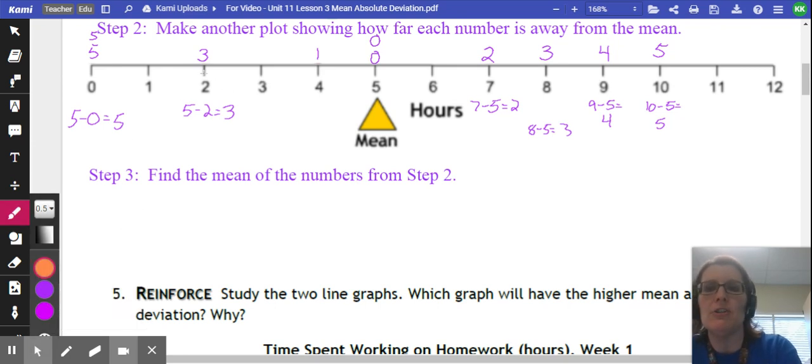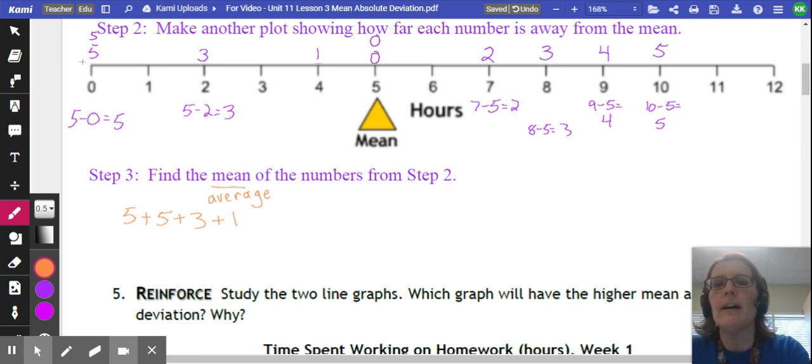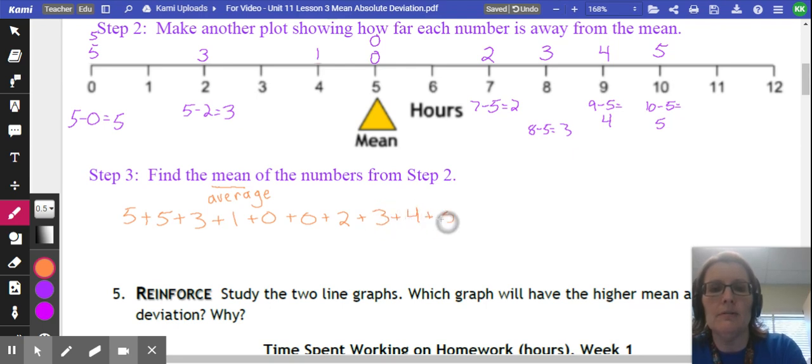So we're finding the average of those numbers we put on our second dot plot. So I'll add 5 plus 5 plus 3 plus 1 plus 0 plus 0, because we had 2 dots there, so we had 2 zeros, plus 2 plus 3 plus 4 plus 5.